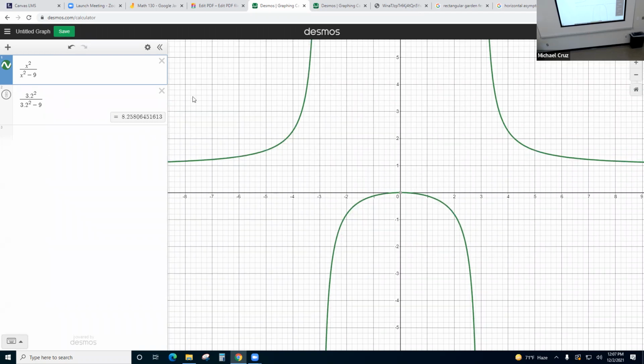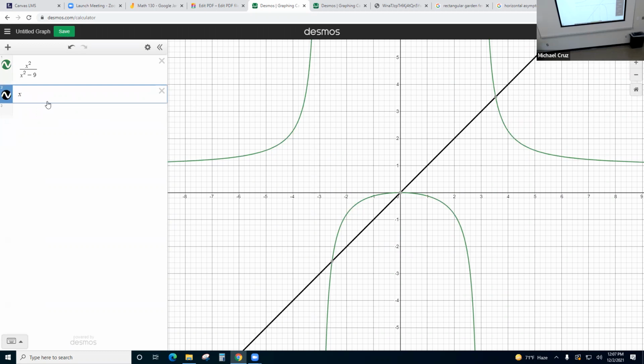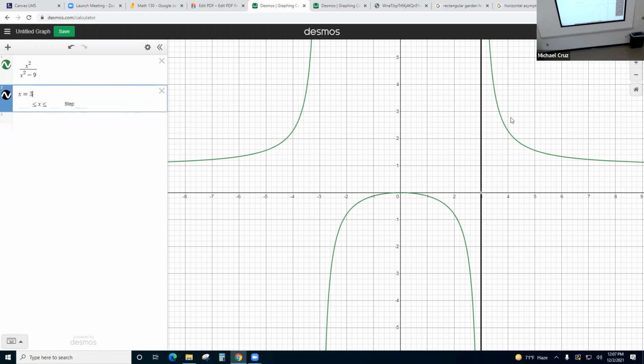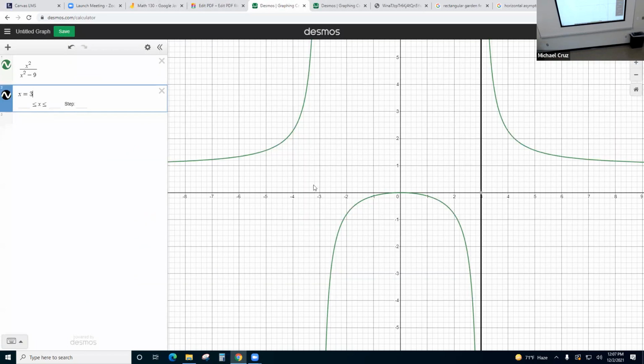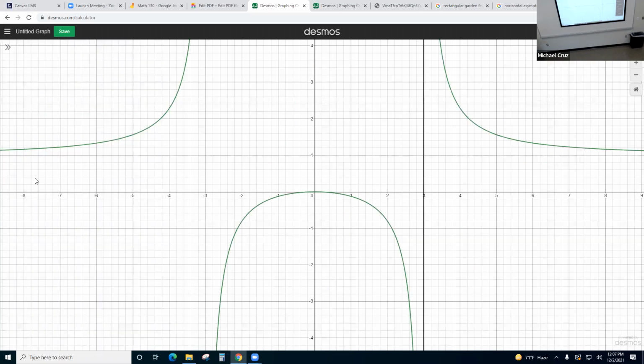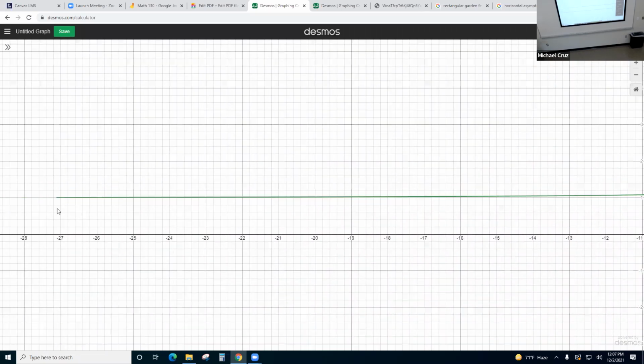So see, as it comes on the positive side, it's going up, and as it's going on the negative side of 3, it's going down, just as we said. And then as x gets to infinity, f of x is getting closer and closer to 0. These things are going to keep on going and getting closer and closer to 0.